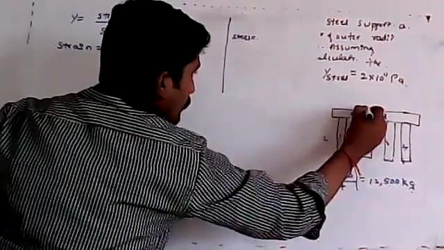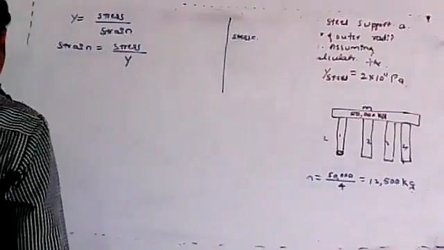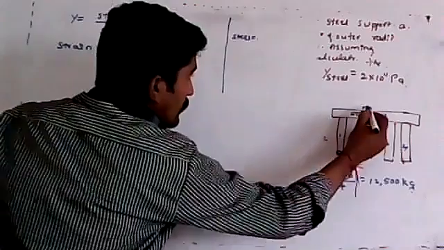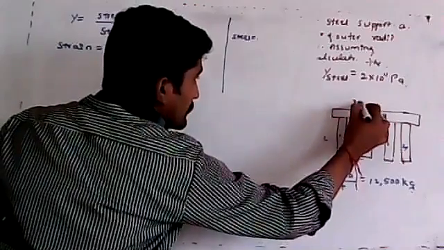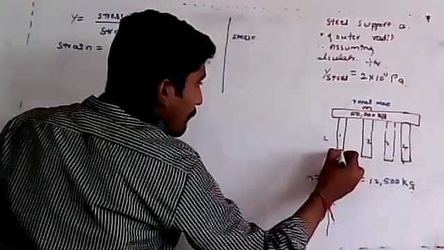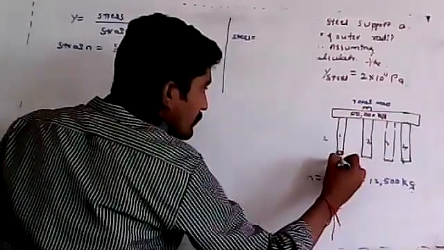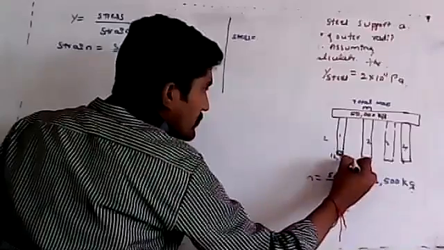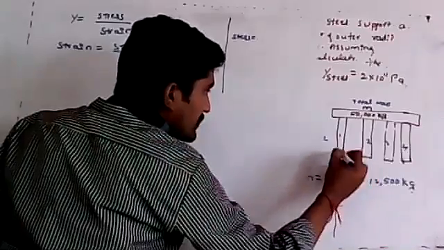So this is the total mass, and the mass on each column is this much. It acts in the downward direction.